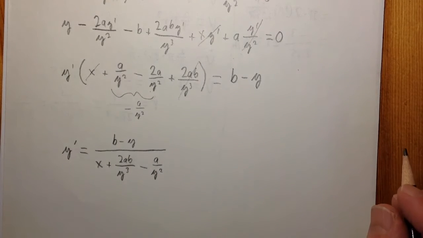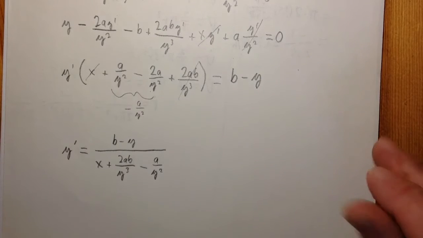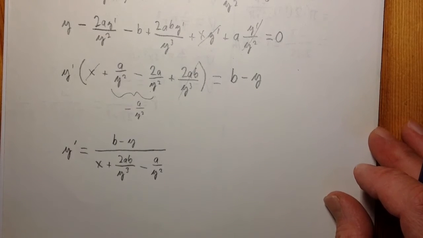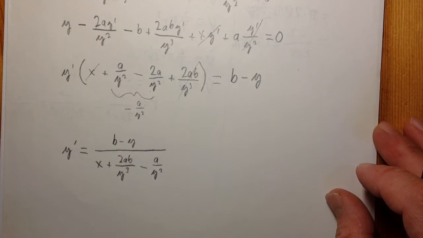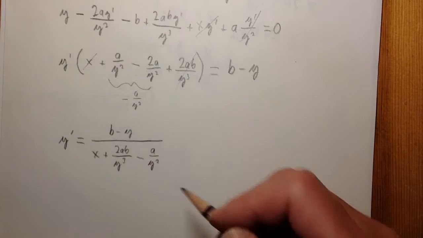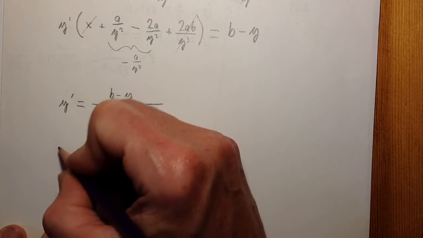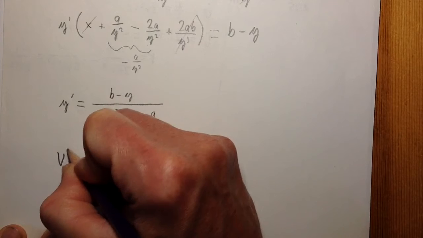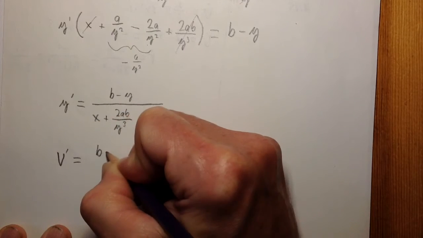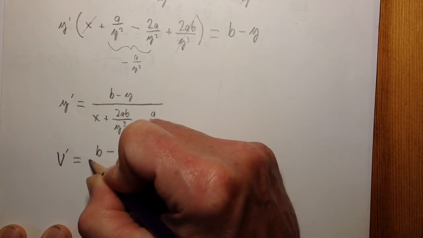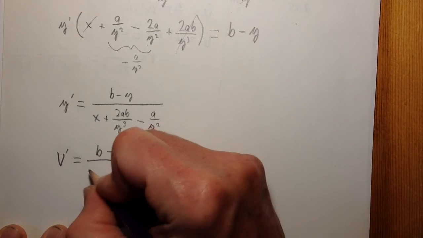Okay, that's what I get there. Now, if we want it to look like theirs, we can go back and replace the y with a v and the x with a p. Okay, so let's get their formula now. So y is the same as v. So our v prime then is b minus v divided by an x is like p.